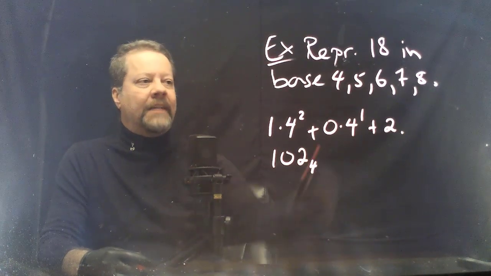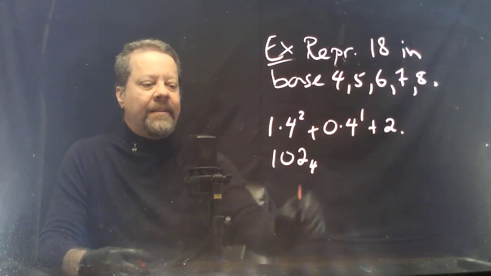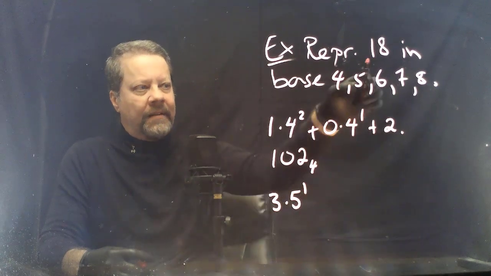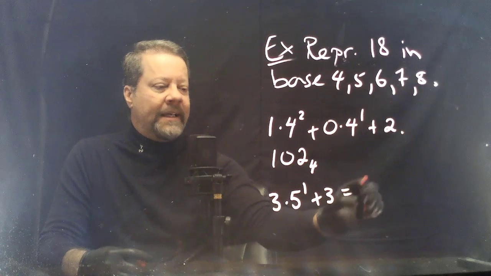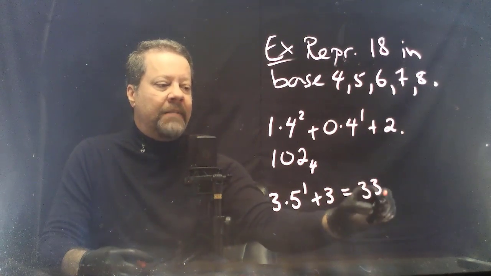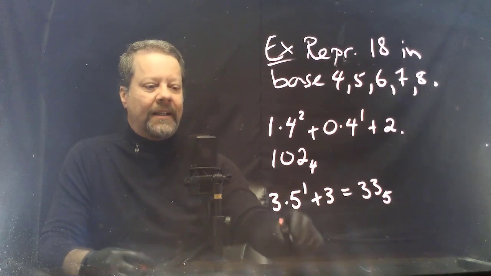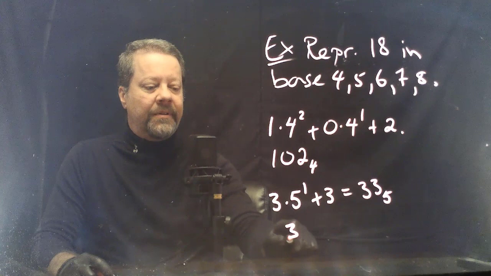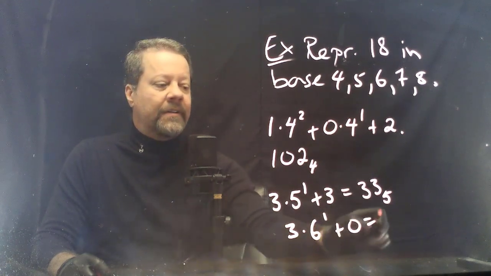Well, how about base 5? 5 squared is already too big. You can fit 3 5s in there, though. So 3 times 5 to the 1, that leaves 3 left over. And so we get 33 in base 5. How about base 6? Again, you get 3 6s that go into this number, 3 times 6 to the 1, with nothing left over.